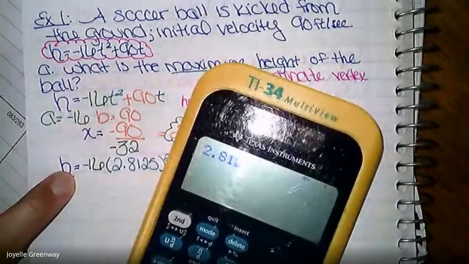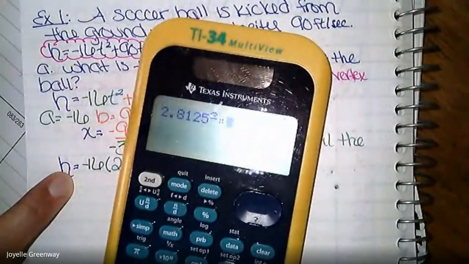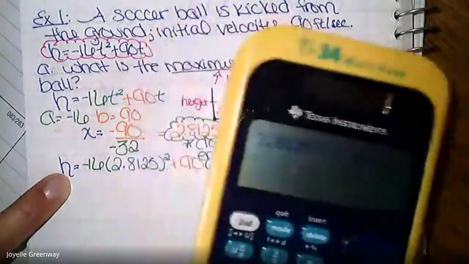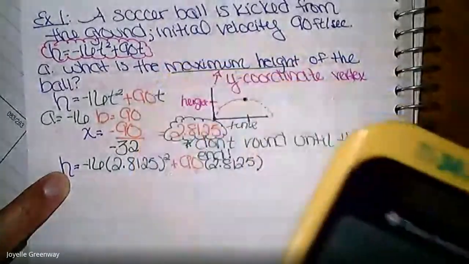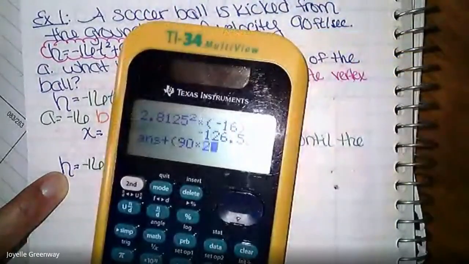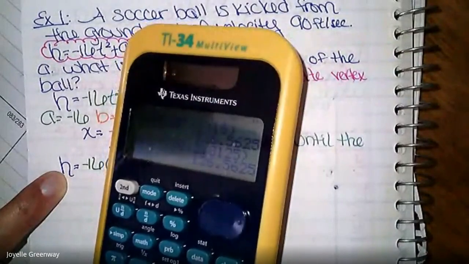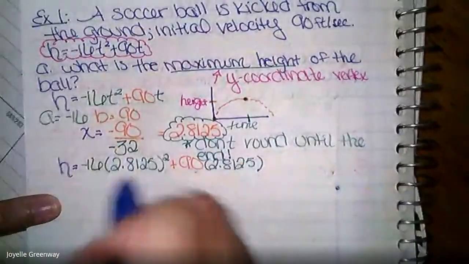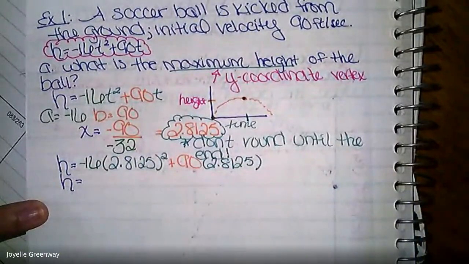So 2.8125 squared times negative 16, plus, I'm going to do parentheses, 90 times 2.8125, and I get 126.5625. So I did all of that out. It is important how you put it in your calculator.